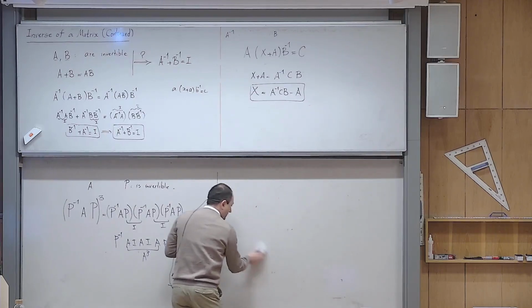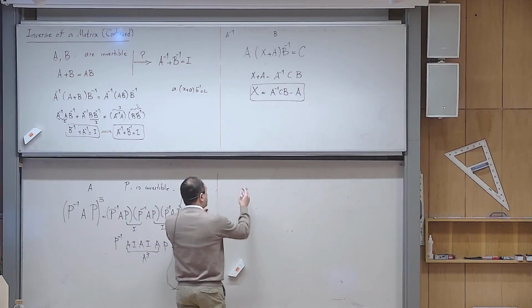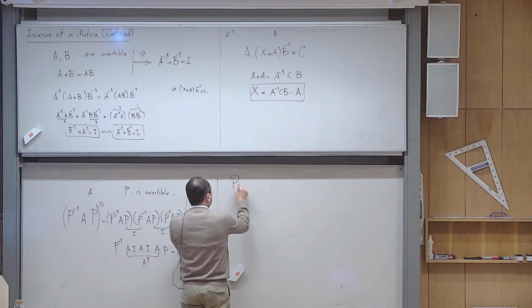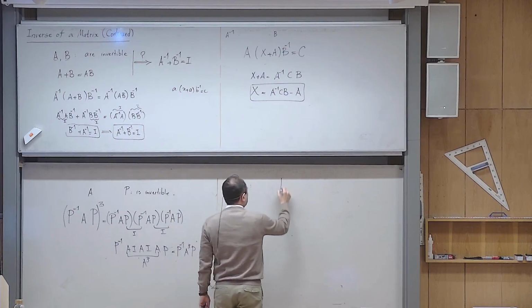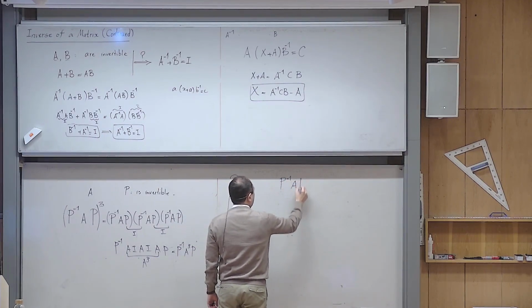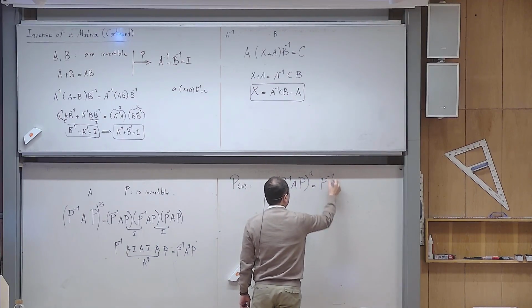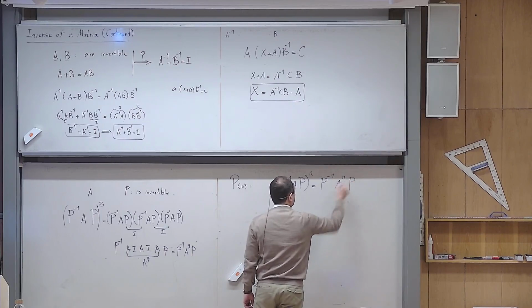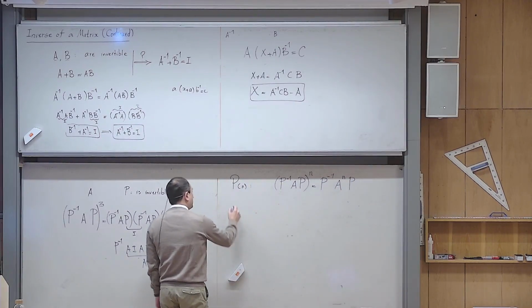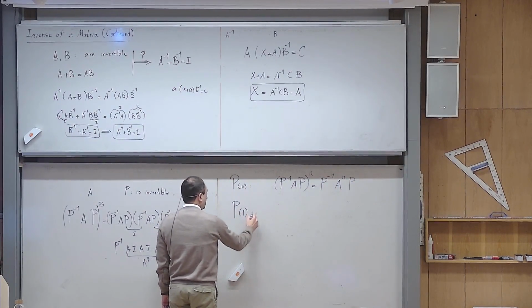So how should I prove that? Let me call this Pn: P inverse A P to power n is equal to P minus 1, A to power n, P. We have to check the truth for 1.